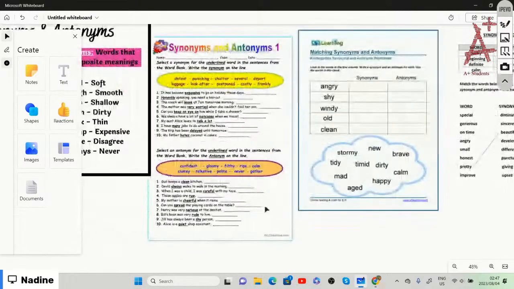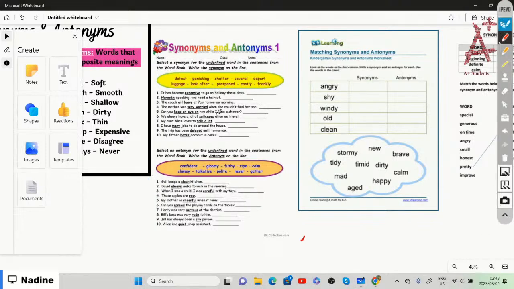All right, so that is but a few of the synonyms as well as the antonyms that we can identify. And then we also have here a few synonyms as well as antonyms, where they say we need to look at the synonym that is underlined and then write the synonym on the line. For example, expensive is the same as saying it is costly. I'm just going to do two.